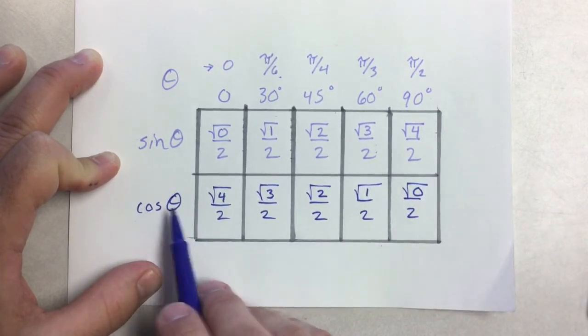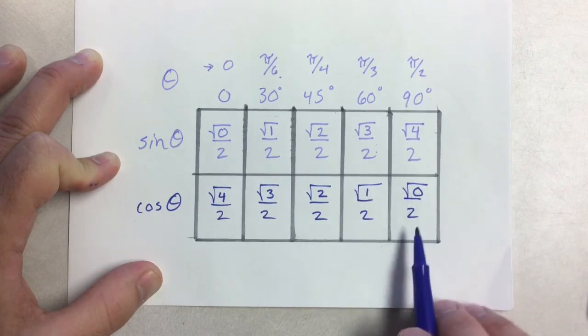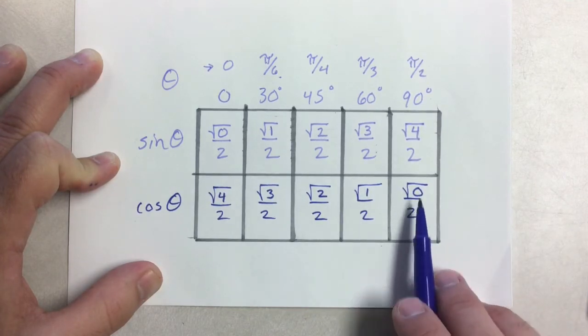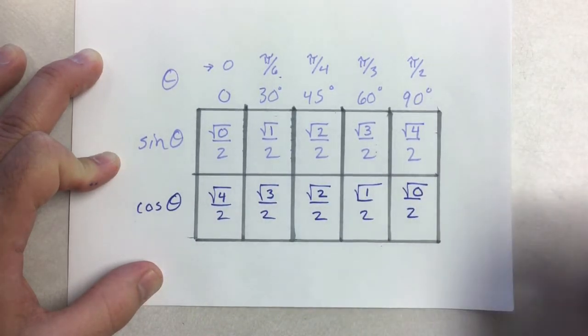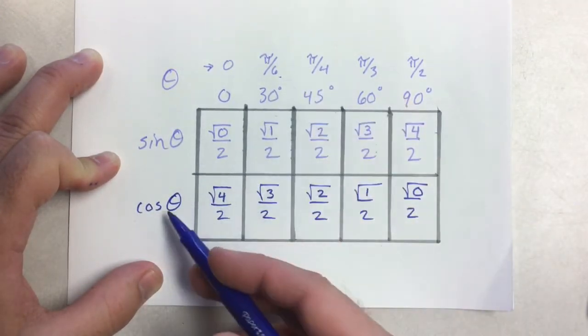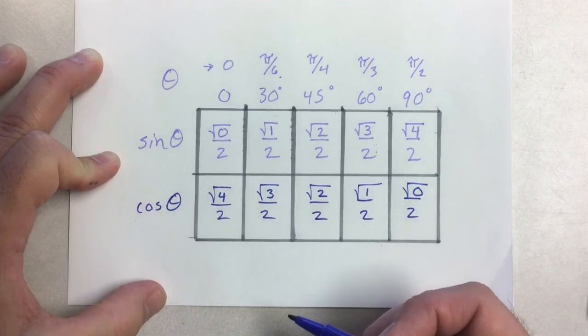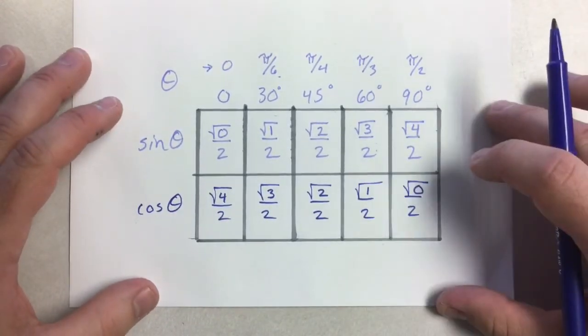So cosine of 90 degrees is square root of 0 over 2, or just 0 over 2, or just 0. So cosine of 90 is always equal to 0. Whereas cosine of, say, 45 degrees, or cosine of pi over 4, is square root of 2 over 2.